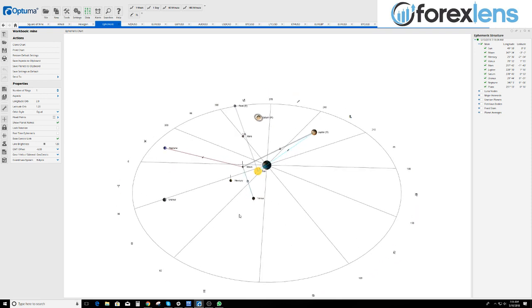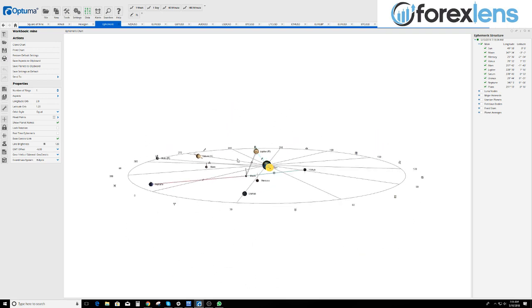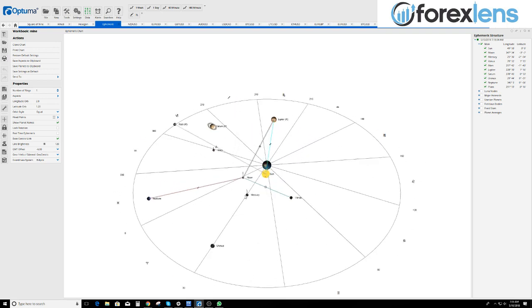Gann created a calculation to transpose the longitude coordinates onto a price chart. You can do this on your own, but one of the nice things about the software is that it will do it for you.